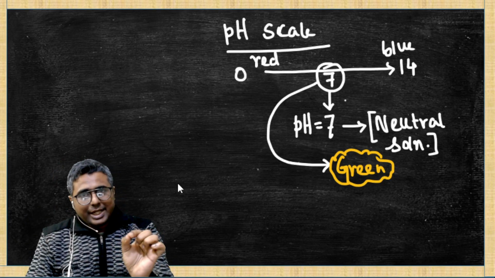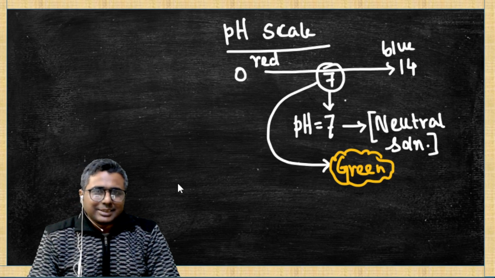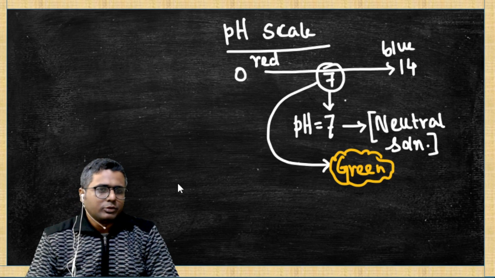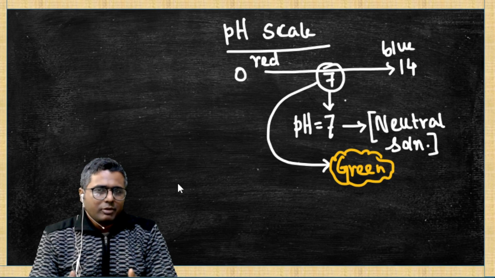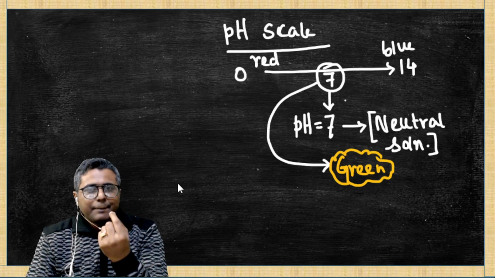And not only agriculture, pH plays a very important role in our digestion system also. You must be studying biology and you know things about this. When acidity increases, we have medicine that has magnesium hydroxide.